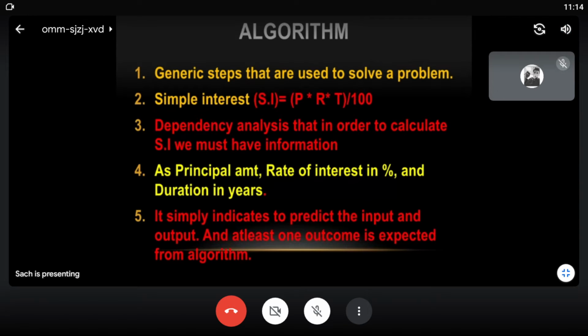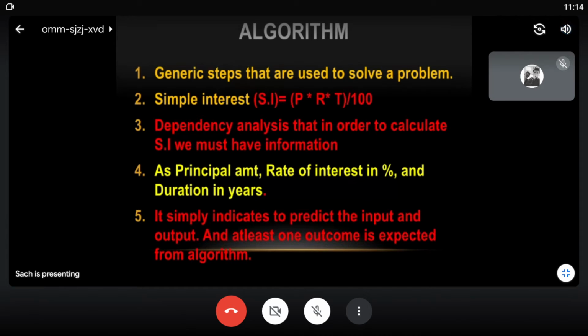So, when we do algorithm analysis, we find what is the dependency. That means what is the input, what processing method is required. That means the formula for evaluation of SI. If you don't know the formula of SI, you cannot process or develop any algorithm for calculating SI.